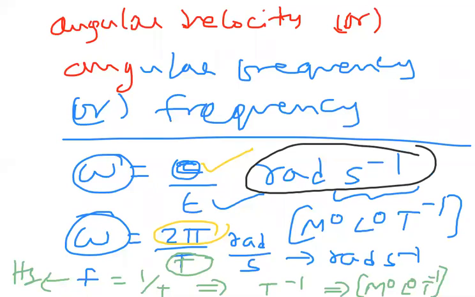The units are different, but the dimensional formula is the same, M0 L0 T power minus 1. That is the information about angular velocity, angular frequency and frequency.